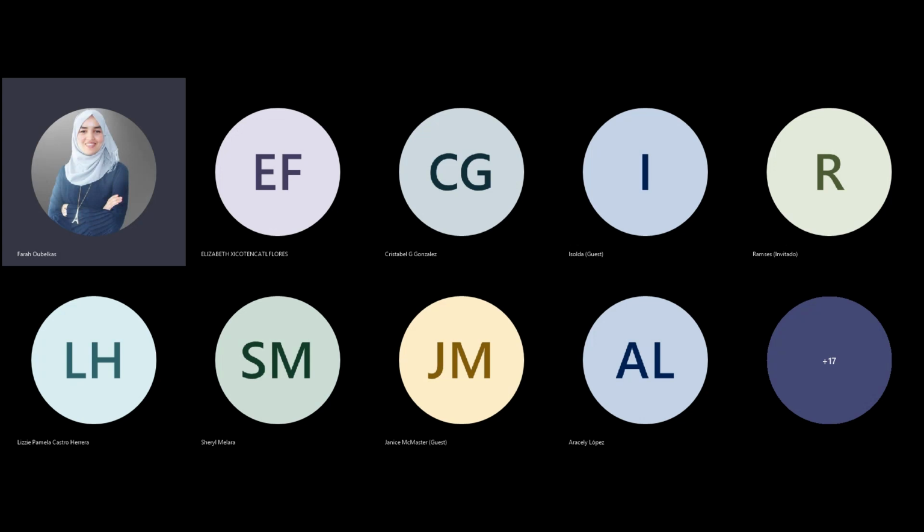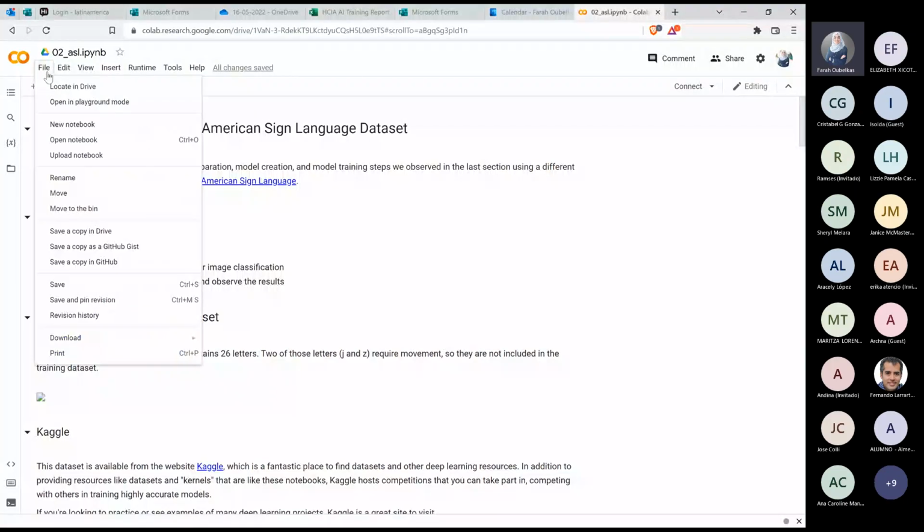You can create your own copy. Go here into file. Can you see? Then you can save a copy in your drive, and it will open a new version, so you can have your own file. Because I have shared it with multiple people, you might see that some people changed this or that.